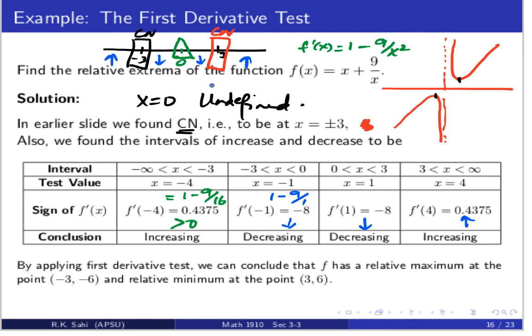Notice, when a function goes from increasing to decreasing, so this is increasing, this is decreasing. What I normally do is go according to the arrows. The function increases, the function decreases, so I have a maxima at -3. Nothing happens at 0 because it's decreasing and decreasing.